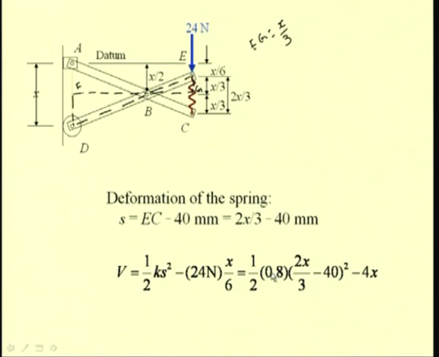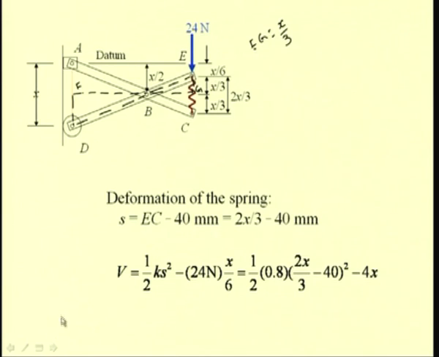half. The spring constant is 0.8 times the stretch, which is determined as 2x by 3 minus 40. So, we write that as 2x by 3 minus 40 square minus this term, which when simplified is 4 times x.